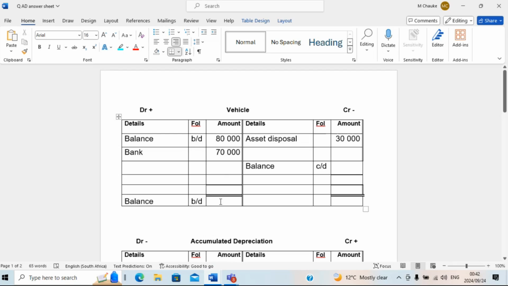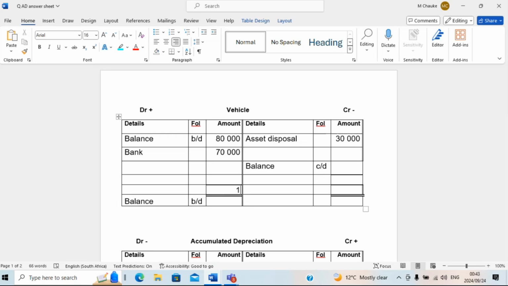By the look of things, the bigger side there is our debit side, right? So we're going to say 80,000 plus 70,000 is going to give us 150,000.